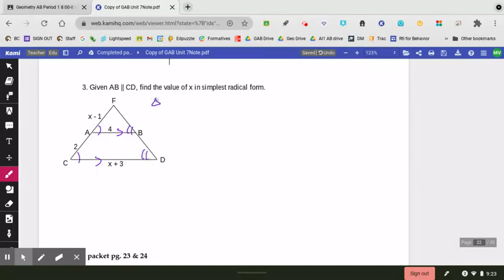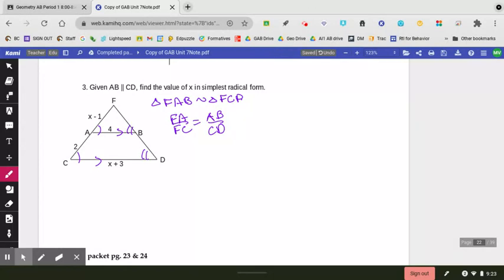So triangle FAB is similar to triangle FCD. So that means FA to FC is equal to AB to CD. We cannot use the side splitter because AB and CD are not the sides being split.